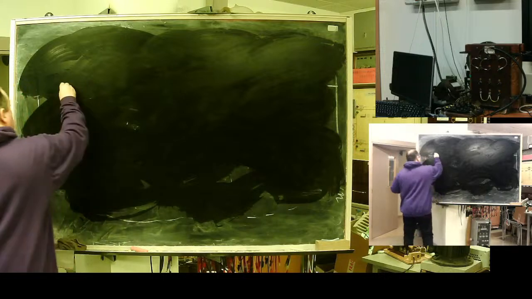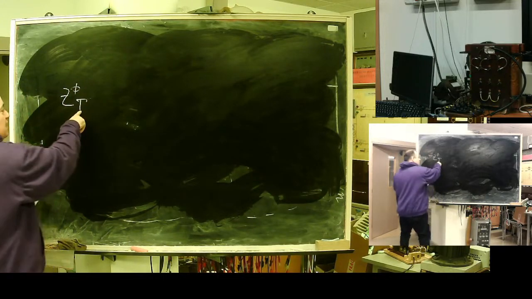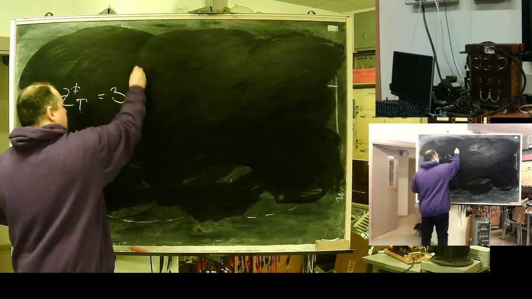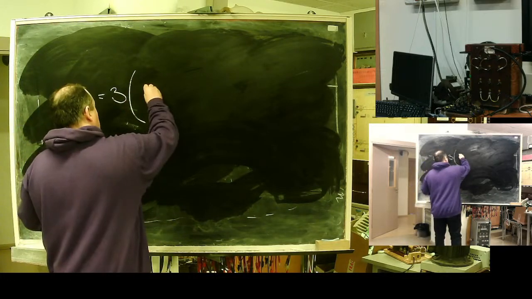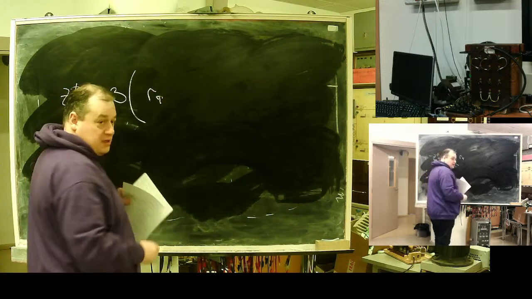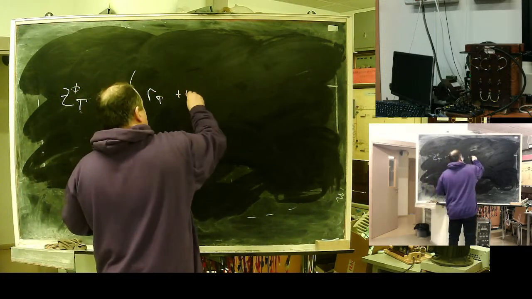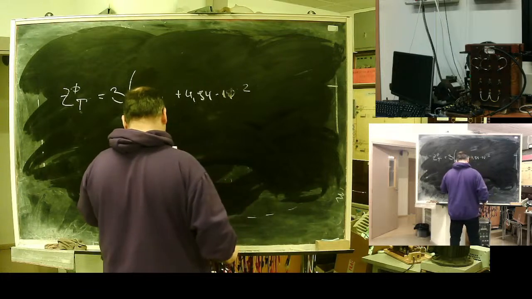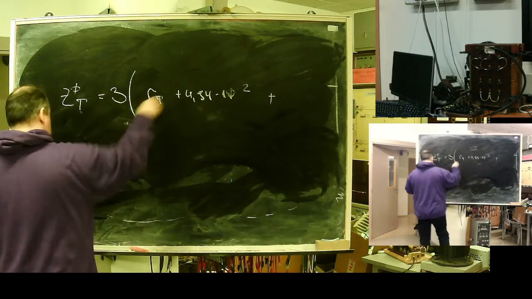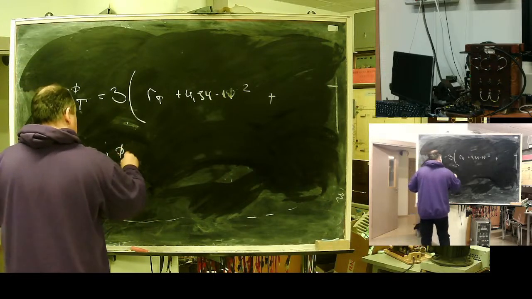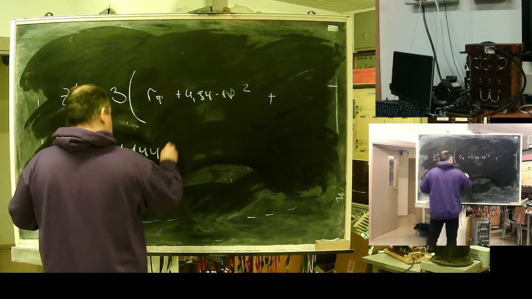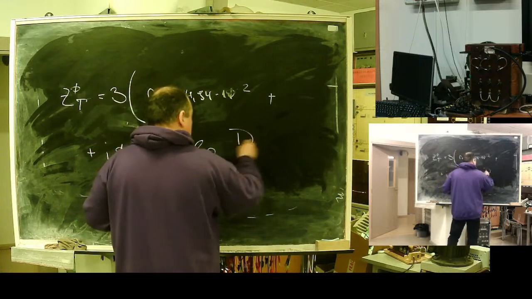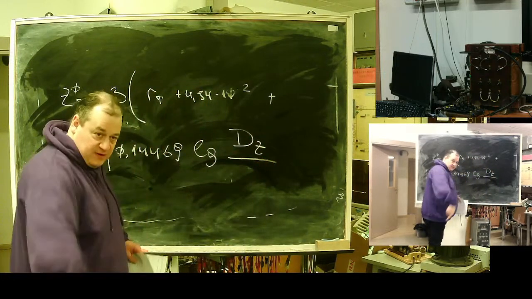So our equation for the Latvian case, for the protective wire, will be triple the ohmic resistance, plus 0.494 multiplied by 10, plus the ground component, plus 0.14469 decimal logarithm of the equivalent current depth in ground.